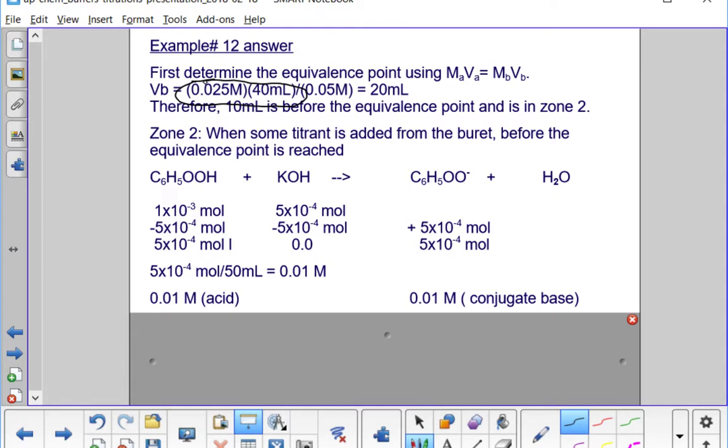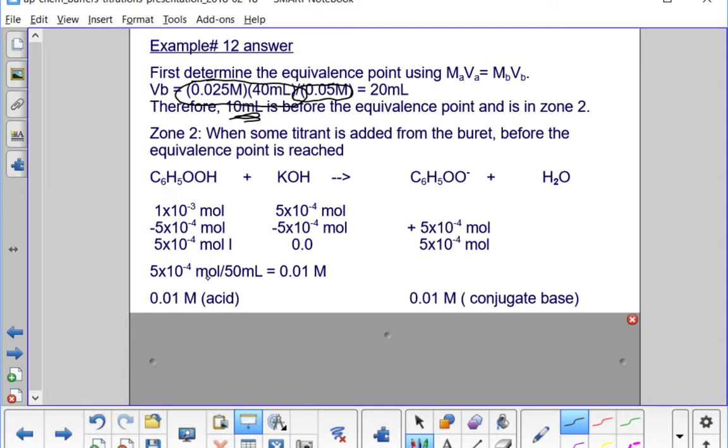The number of moles of KOH is found the same way. It's just the concentration, 0.05 molar, times the volume added, 10 milliliters, so 0.01 liters, which is 5 times 10 to the minus 4 moles. We are before the equivalence point, so we're going to neutralize all that base, and we end up with 5 times 10 to the minus 4 moles of our acid.